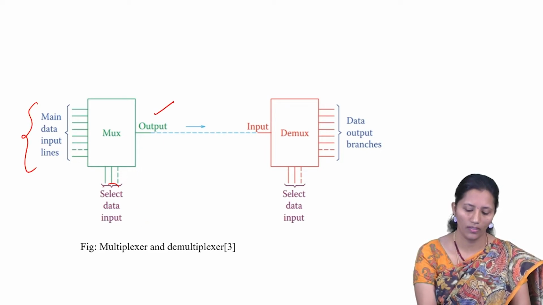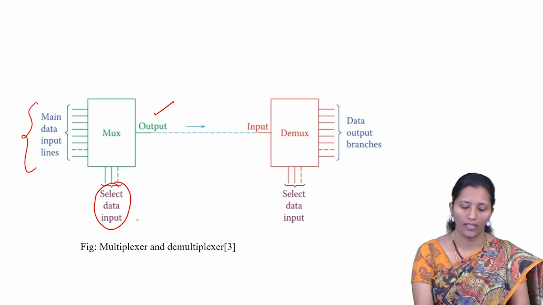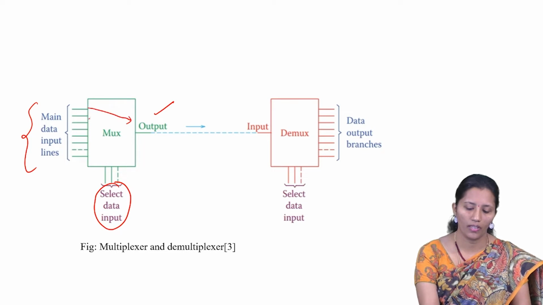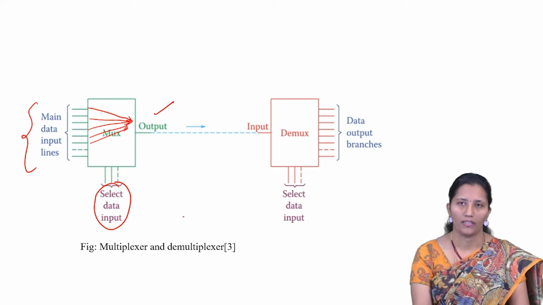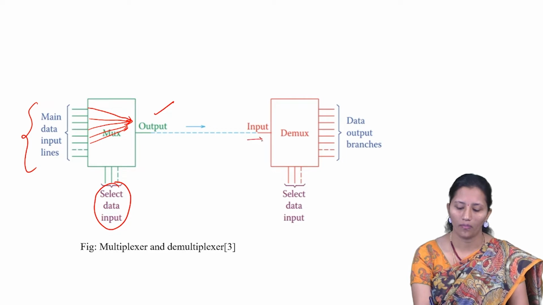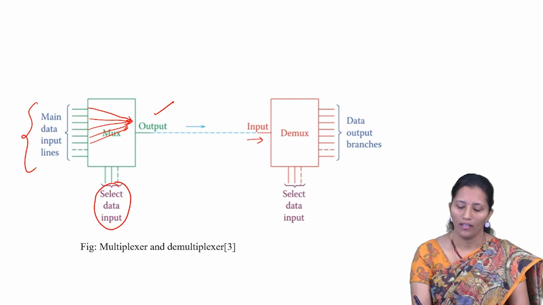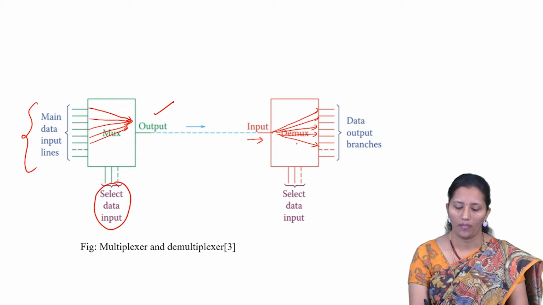According to these selection lines, or we can call them control signals, any one of the inputs will be transmitted to the output. That is known as a multiplexer. Whereas a demultiplexer will take one input and, according to the selection lines, route it to any one of the outputs. This is a demultiplexer.